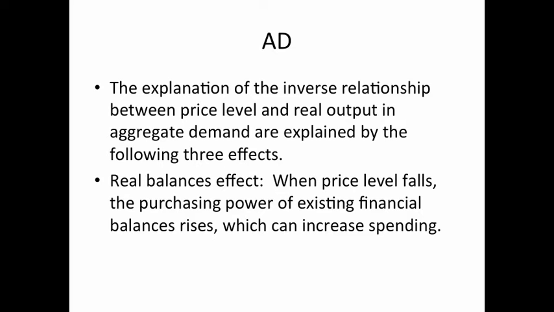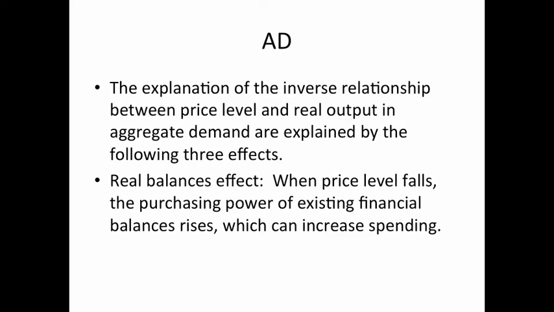The first one's called the real balances effect. And this all revolves around purchasing power. So how many units of a good can I afford to buy? That's a measure of my purchasing power. So when the price level goes down, so again, that's the price level generally in the economy, so generally things become cheaper, then my purchasing power goes up. I can afford to buy more of those things.